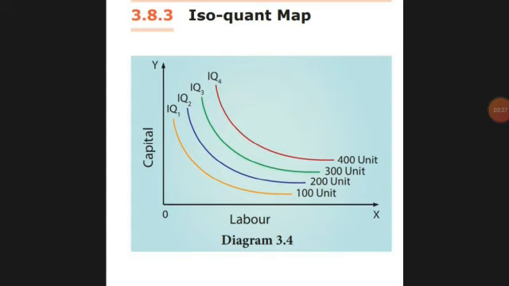An isoquant map represents different combinations of factors of production that yield different levels of output, such as 400, 300, 200, 100. In other words, more than one isoquant drawn in a diagram is called an isoquant map.